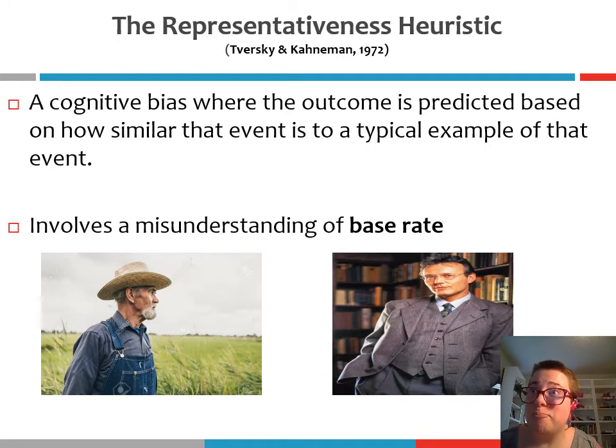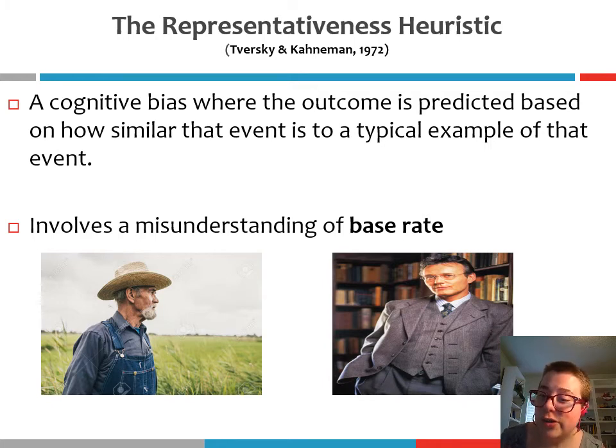So when I say base rate, a base rate is the relative proportion of different classes of individuals in the population, right? So in 1972, when this experiment was carried out, there were many, many more male farmers in the population than male librarians in the United States.